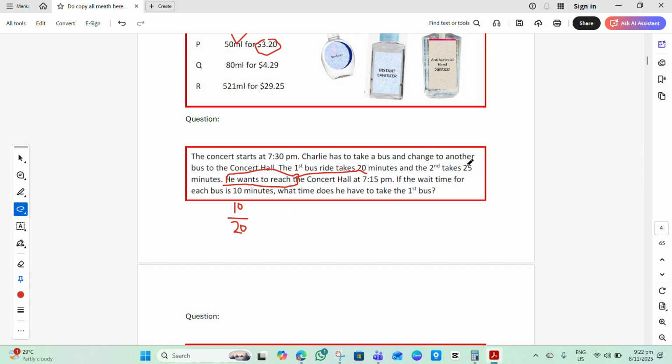After that, add 25 minutes, then add that 20 minutes, together 65 minutes. The question asks what time he has to take the first bus, so you go back from 7:15 and you can find the answer.